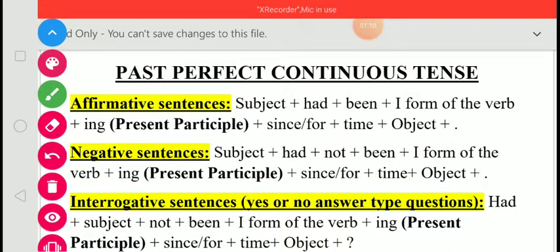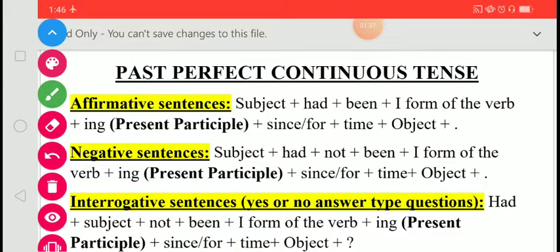As you can see, in affirmative sentences we use this structure: subject plus had been plus first form of the verb plus ing, that is present participle, plus since/for plus time plus object. In present perfect continuous tense, instead of had been, we use the helping verb has been, have been.